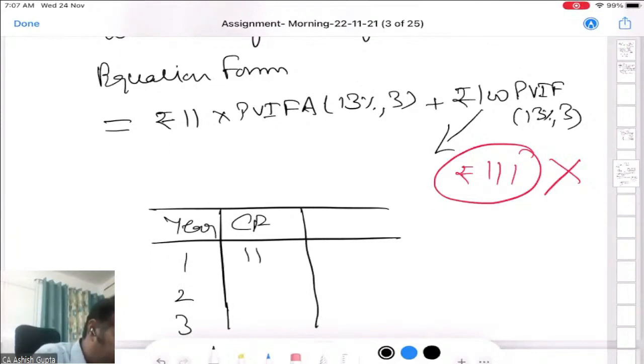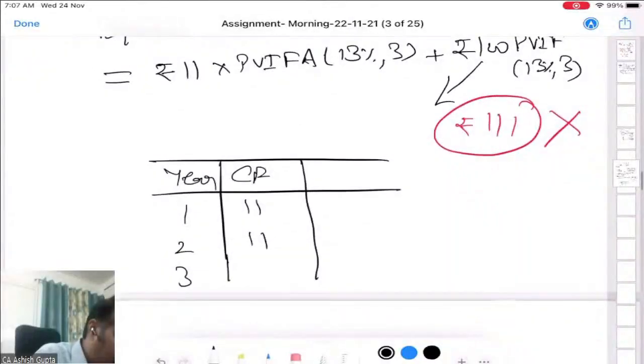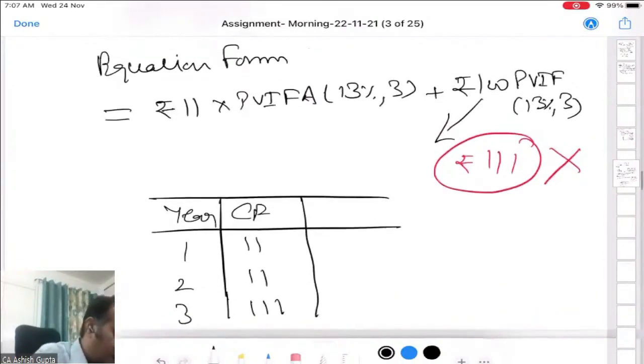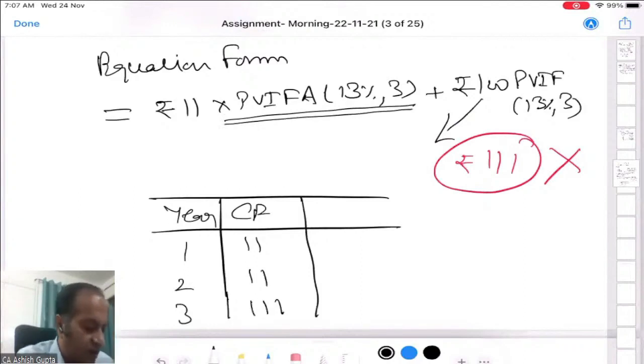Here we are concerned only with the cash inflows, and in the terminal year we include both interest as well as principal. But while using the equation form, the first part takes care of our recurring annual interest cash flows, so you need not do this. Please remember, don't mix it.